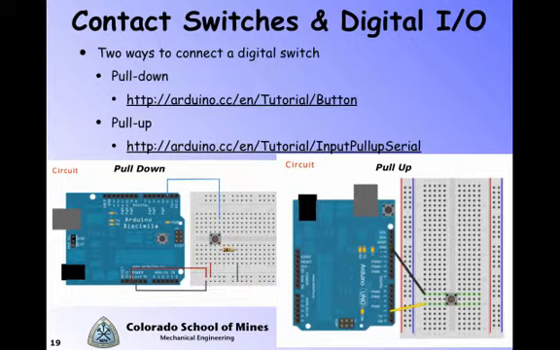And the one on the left is for a pull-down configuration, and the one on the right is for a pull-up configuration. And you might note explicitly that on the left-hand side, that circuit includes an external resistor. These come from examples in the Arduino reference.